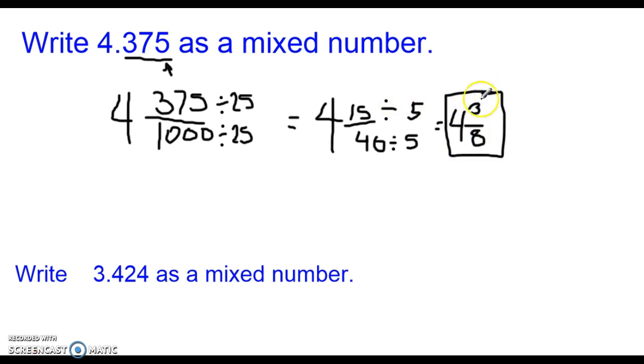Now, a common mistake people make when they are doing these types of problems is they forget to have their whole number 4. There is another way you could have done this problem. You could have also put the entire number over 1,000, so 4,375 over 1,000.